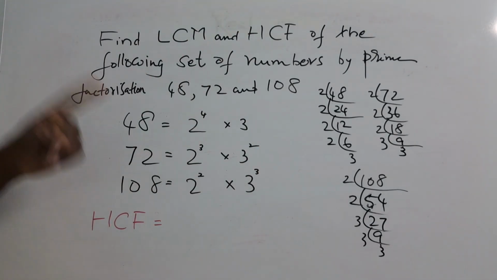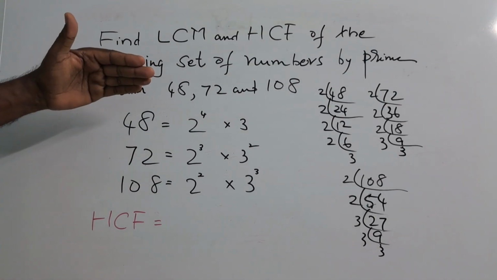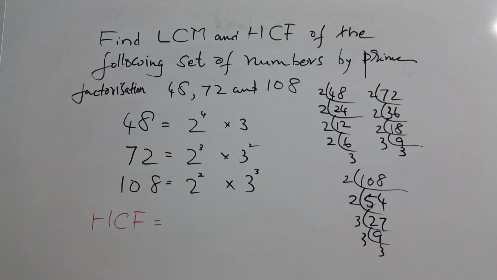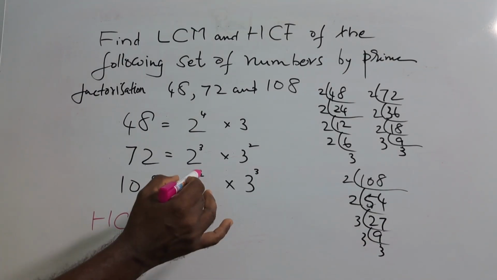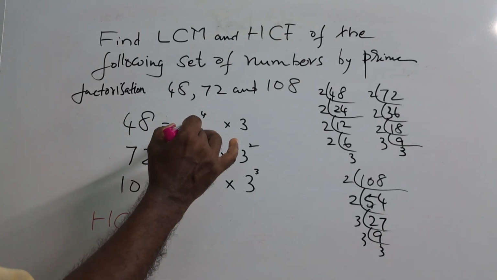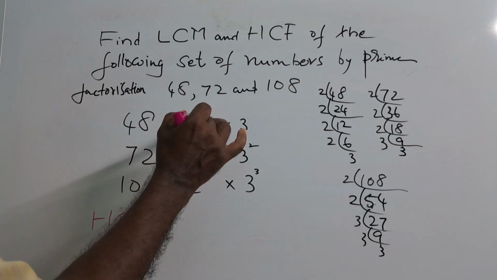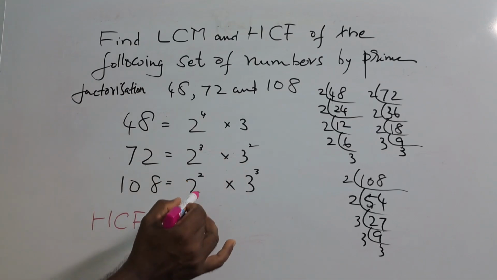Now let's see another thing. If a prime number is a common factor, to consider HCF, consider the prime factor having the least power. Here 2 has 4 as power, here it is 2 raised to 3, here it is 2 raised to 2.